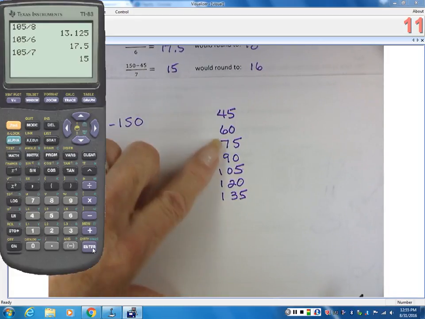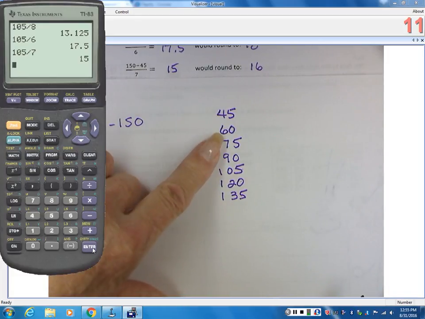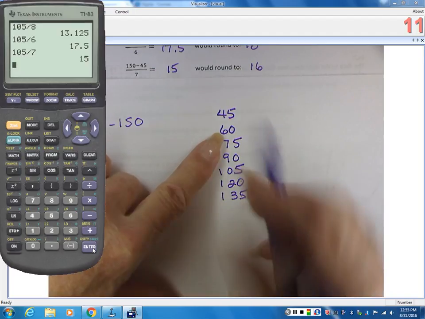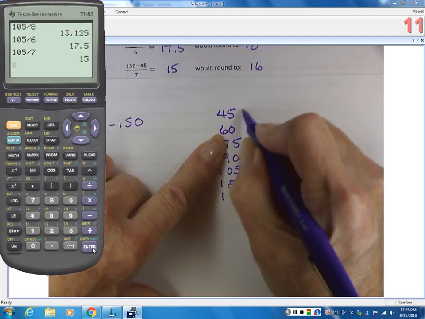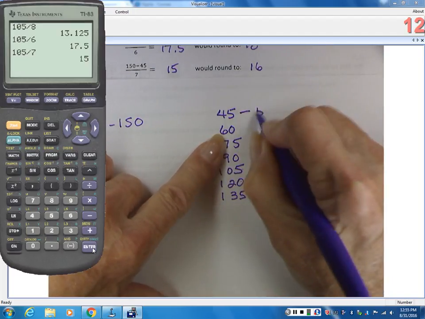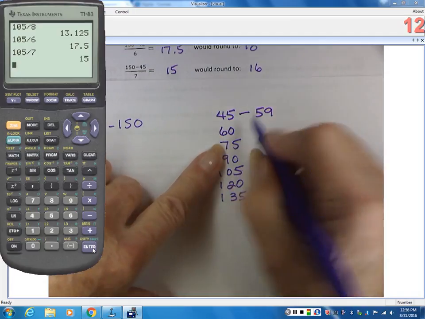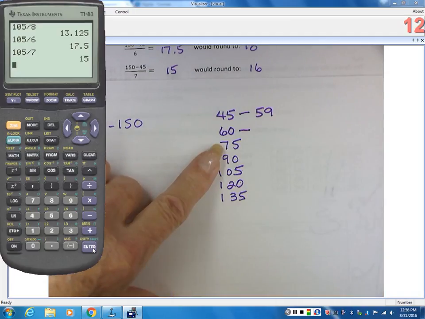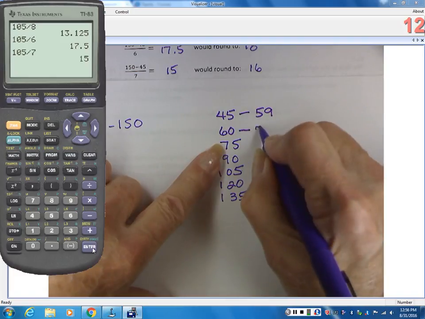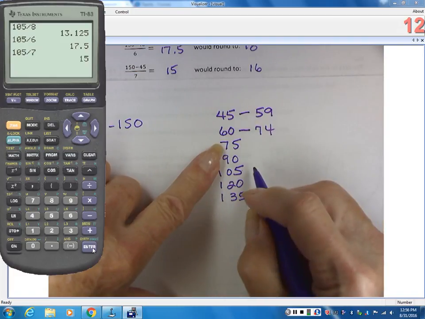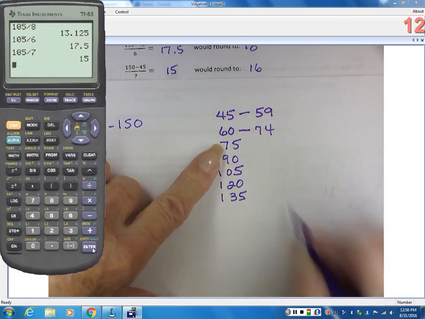But now I'm going to put in my upper class limits. So because this class starts at 75, this one must have ended at 74. And notice that these numbers are all 15 apart also.